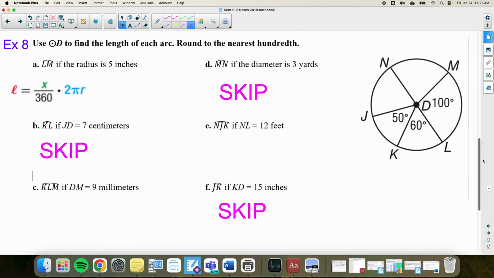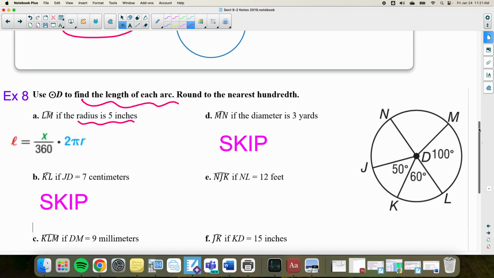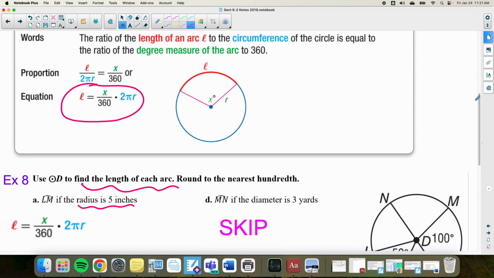And here's what you would do on this one. When they ask you for the length of the arc, one of the hints that that's what you're doing is they would give you the radius or the diameter, sorry. Basically, this right here is the formula for circumference of that circle.